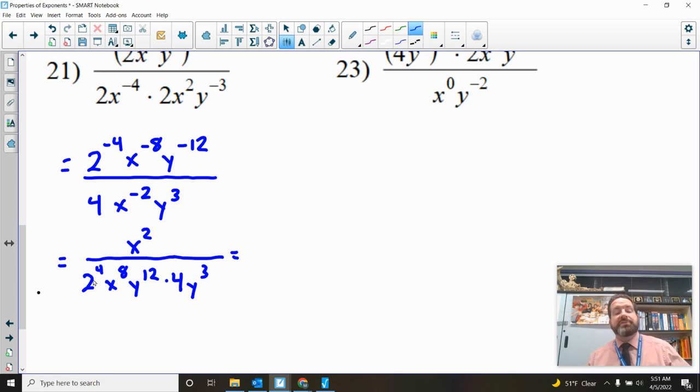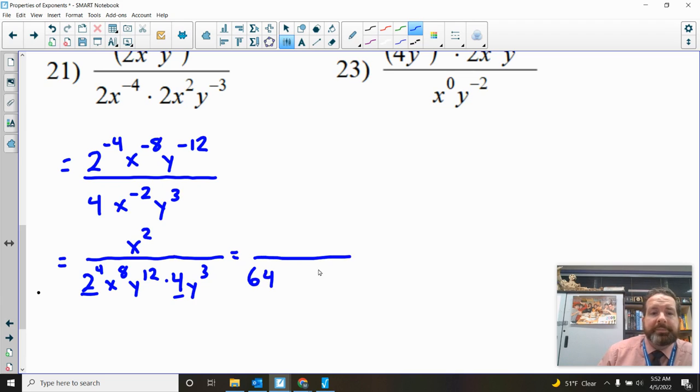Let's deal with the numbers first. So 2 to the fourth times 4 should be 64. So number-wise, that and that multiply together to give us a 64 down below.